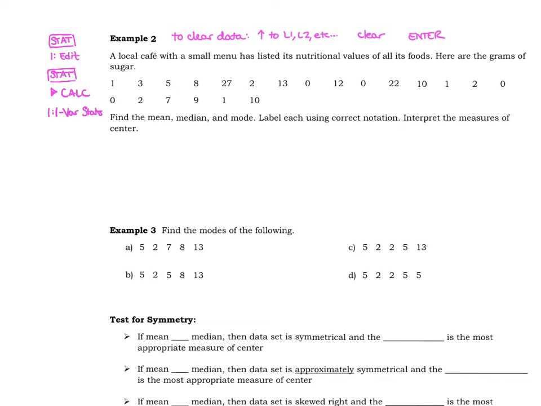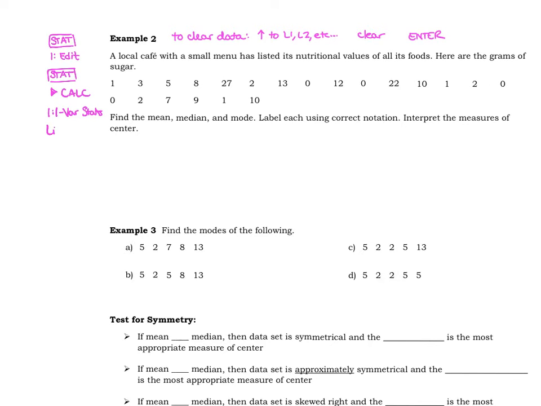If you have a newer model calculator, it's going to say list, and you should see L1 or wherever it is you put your data. Hopefully you put your data in L1. When it says frequency list, don't worry about that. Just arrow down to calculate.